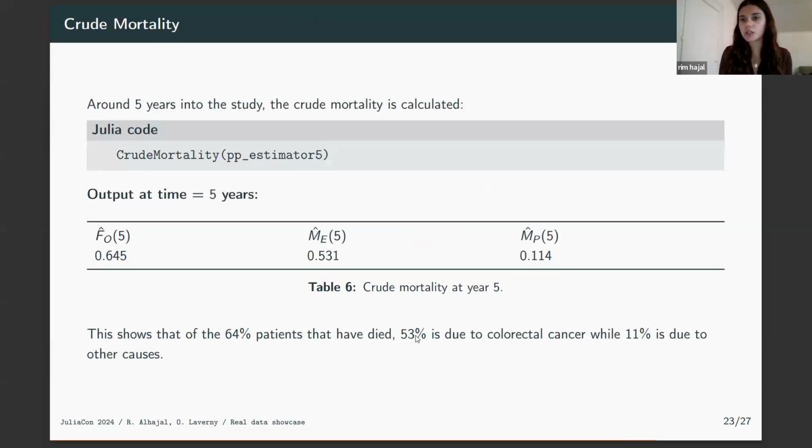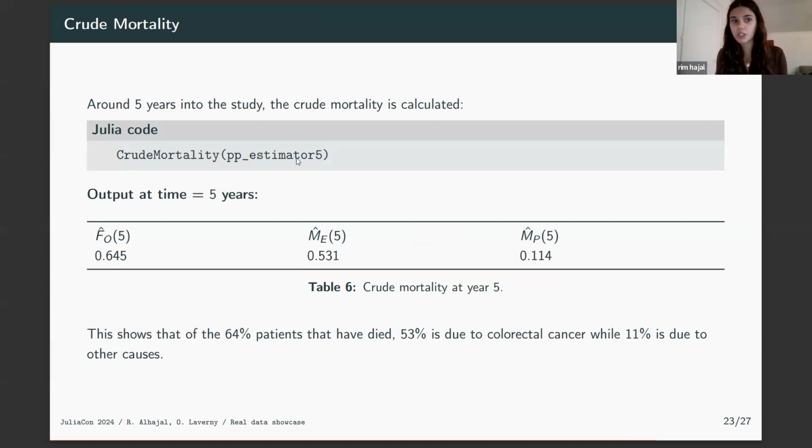Another cool function in the package is the crude mortality function, which allows us to separate the causes of death in terms of mortality. For example, this is the output we get from running this function.